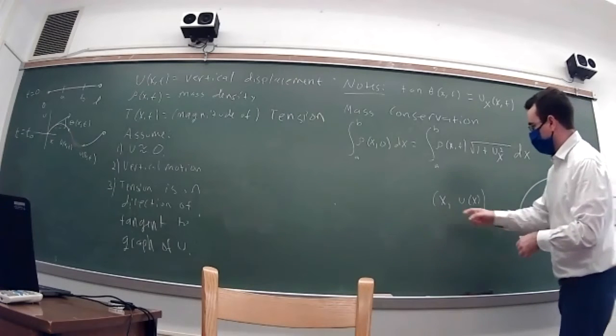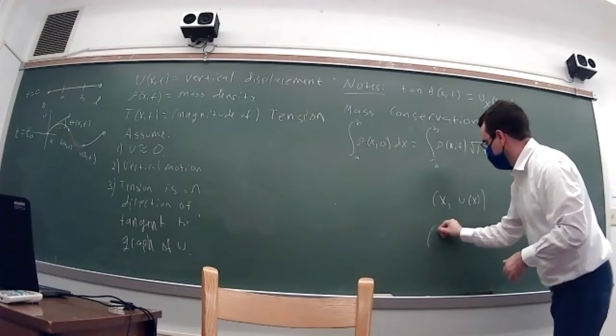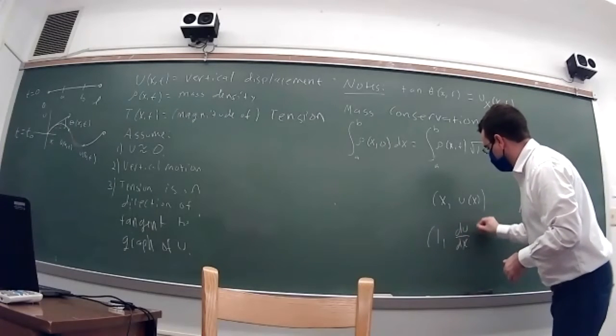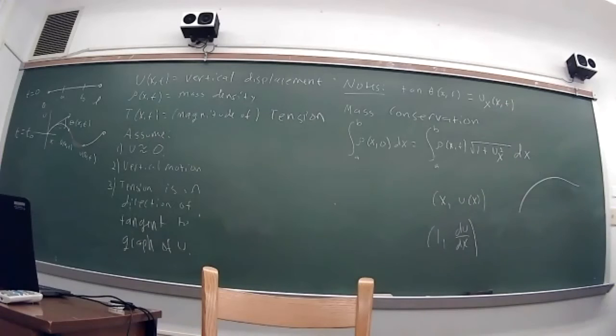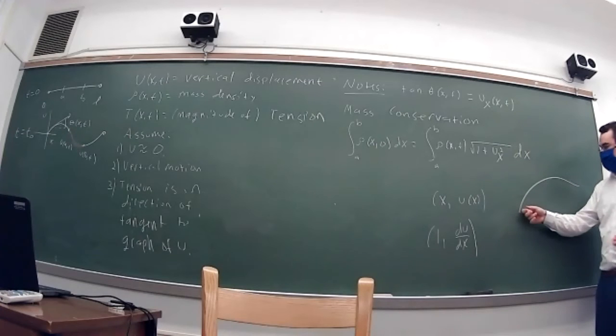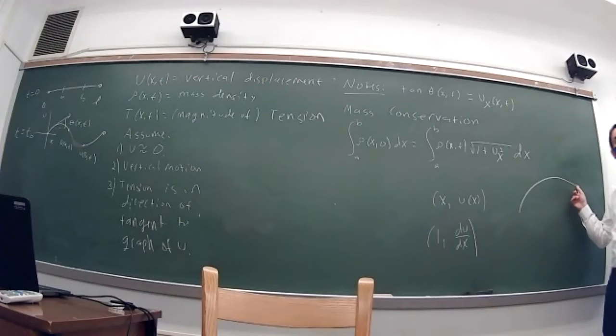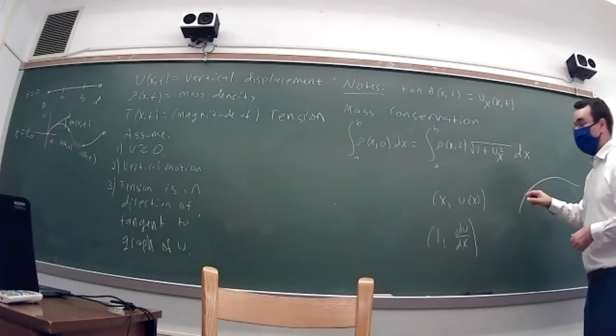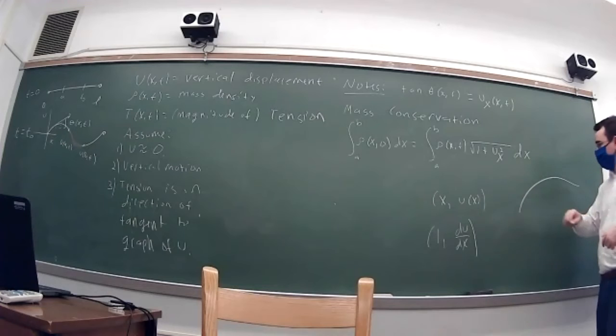What you're doing, you just take the derivative of this, which is 1, du dx. And when you're calculating arc length, when you're deriving this in Calc 2, what you first do is sort of partition it into line segments and take a limit. And what you end up doing is integrating over basically the length of the tangent lines at each point.